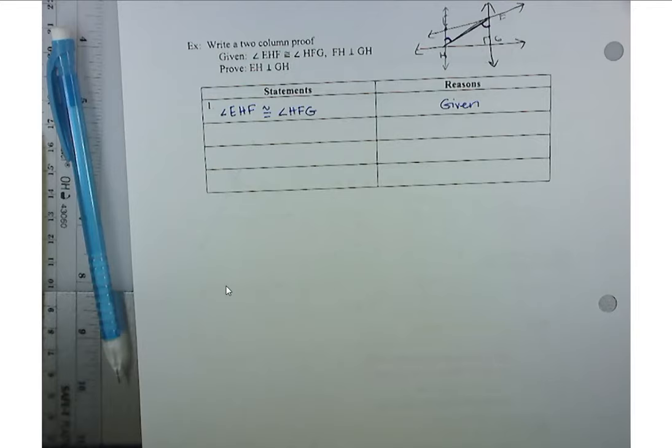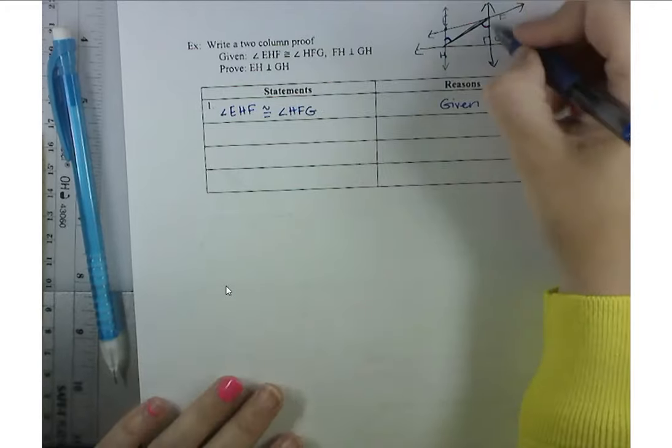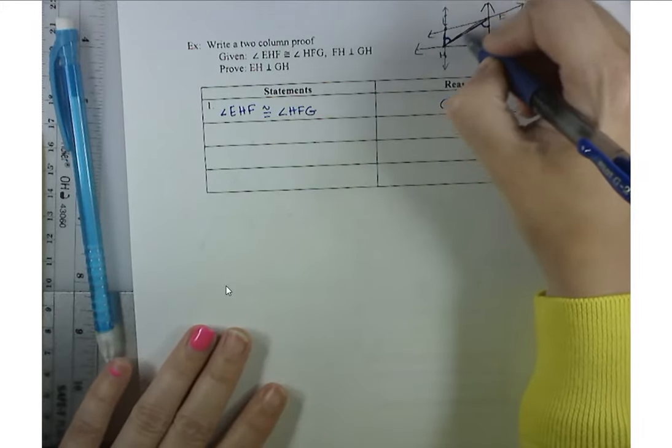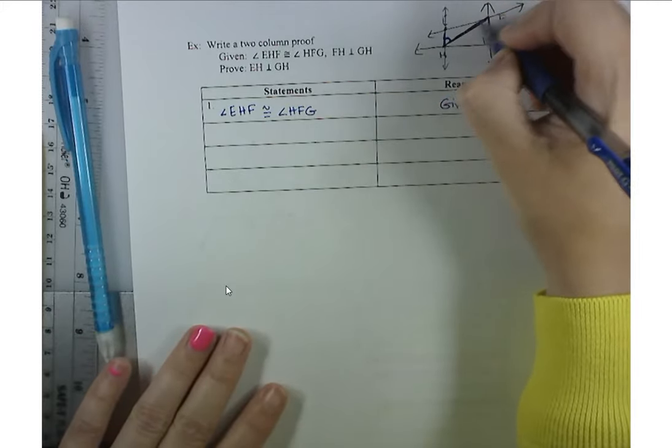Those kind of look like what kind of angles? Yeah, can you guys see that those look like alternate interior angles? And if alternate interior angles are congruent, we can say what? Lines are parallel. So let's talk about what lines are parallel. Remember, alternate interior angles are going to make some kind of Z here.